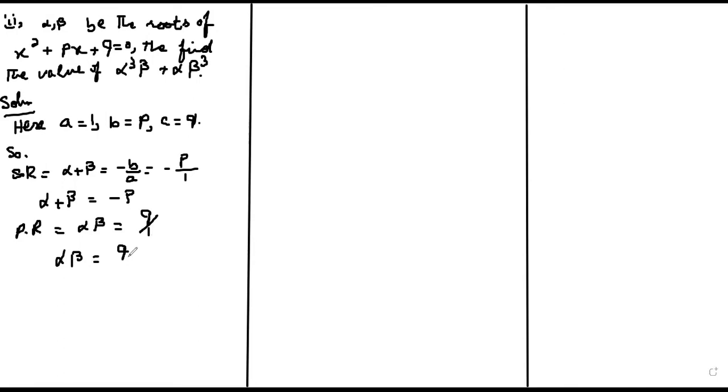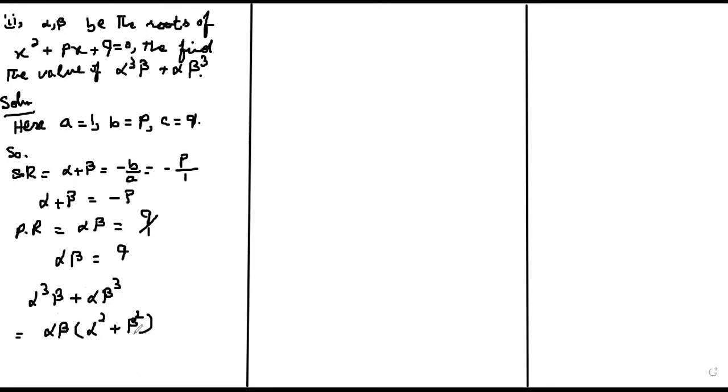Now we have to find the value of alpha cube beta plus alpha beta cube, right? So which is equals to, taking alpha beta common, we have alpha square plus beta square.